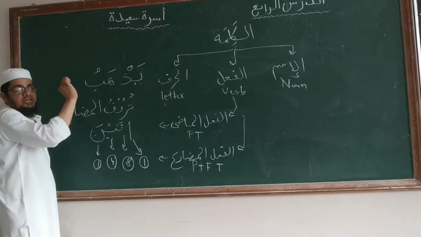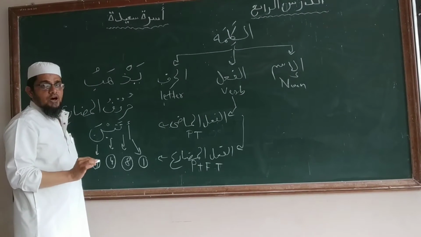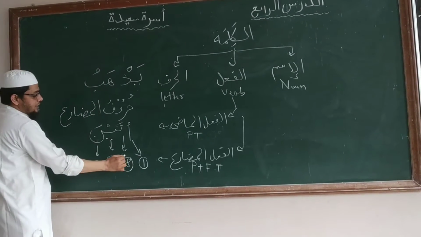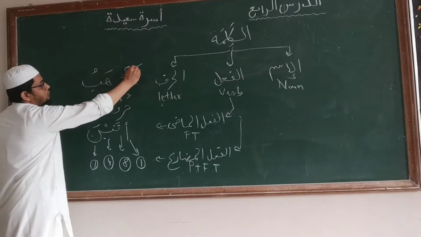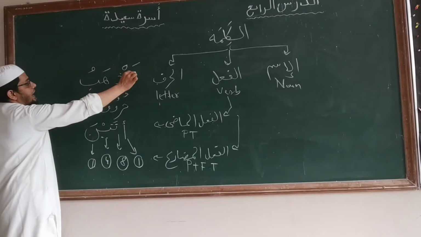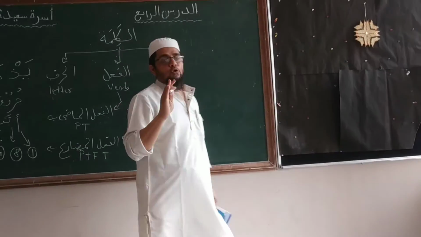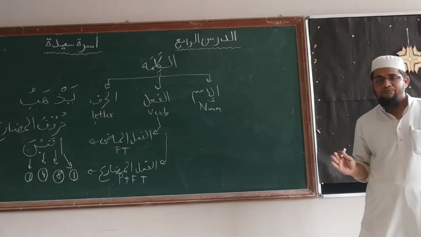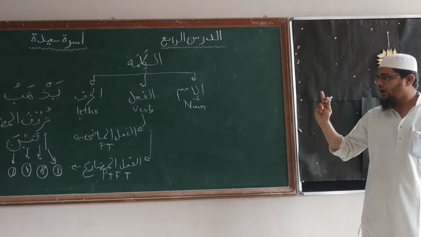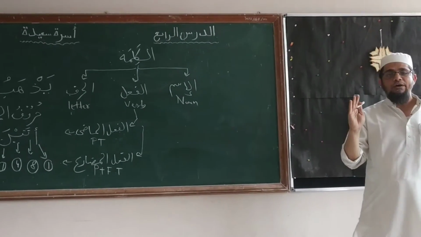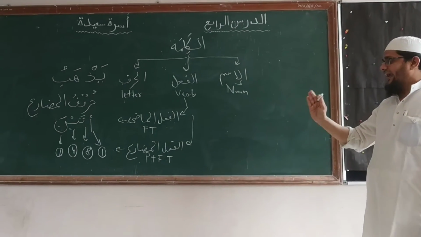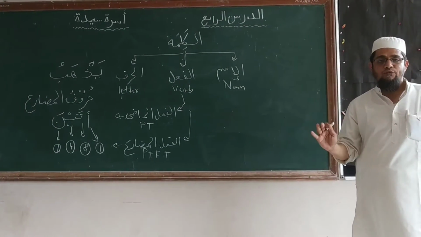So it becomes yazhabu, fi'l mudhari. Likewise, if you want alif, you will put alif. If you want nun, you will put nun. So likewise, there are total 14 forms for fi'l mudhari. You will use alif and nun for 1 form each, ta for 8 forms, and ya for 4 forms.